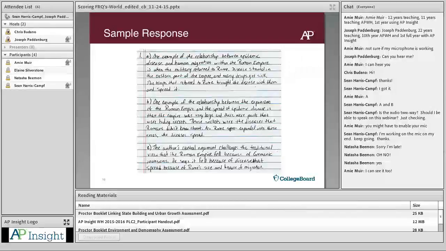There was a discussion, and it was not a consensus among the consultants I heard, about whether the wording of the questions, describe versus explain, was a significant change, or whether they just chose a bunch of words that to teachers sound interchangeable.